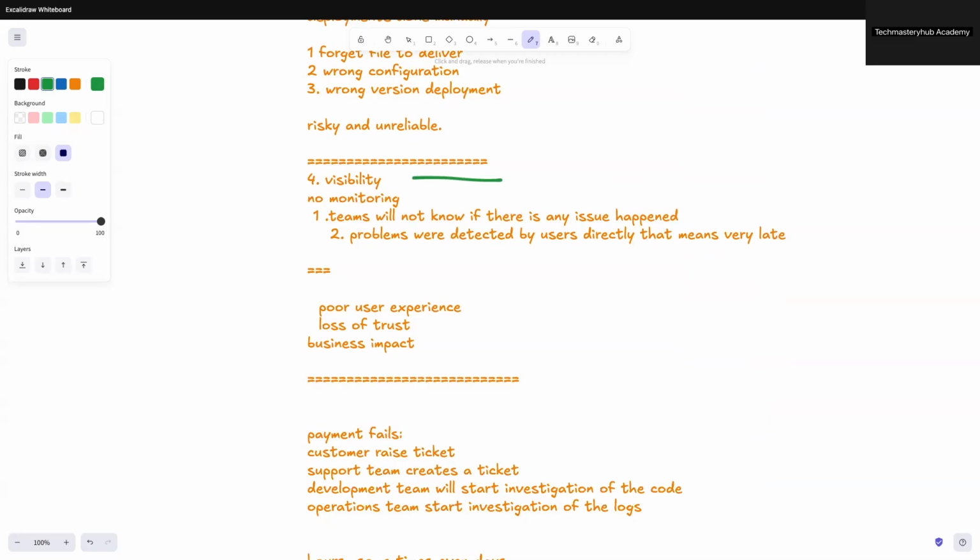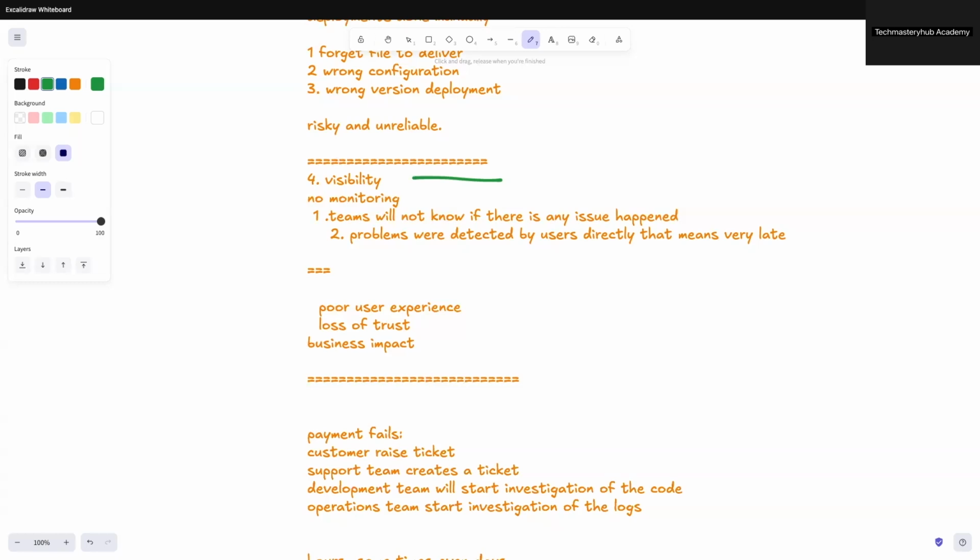Since there is no monitoring, teams did not know when an issue happened. And the problem is that issues were detected very late, and that too by the users. When a user faces an issue, he will report it, and only then will you get to know. So there is no visibility.